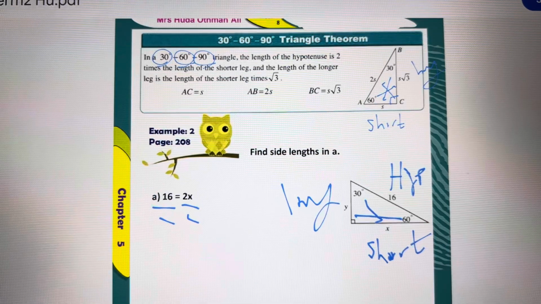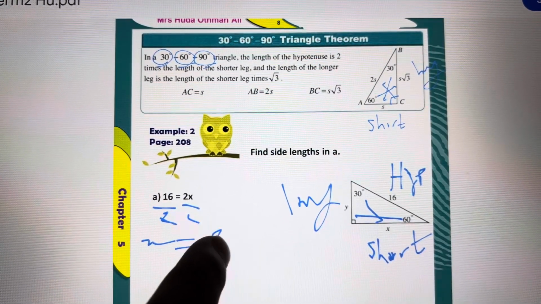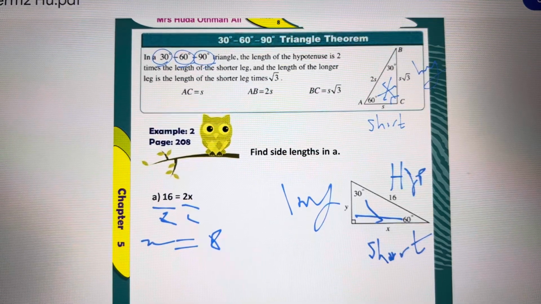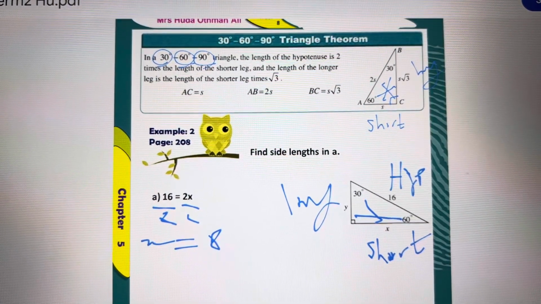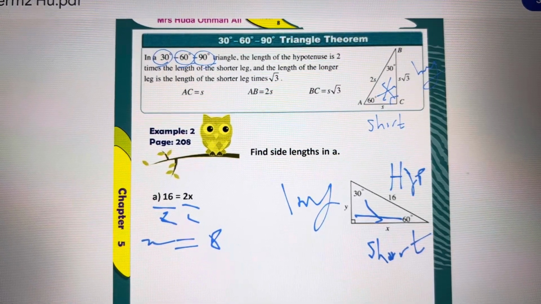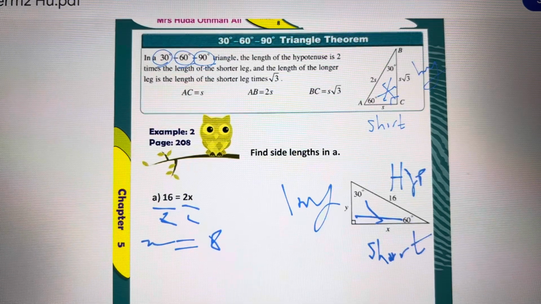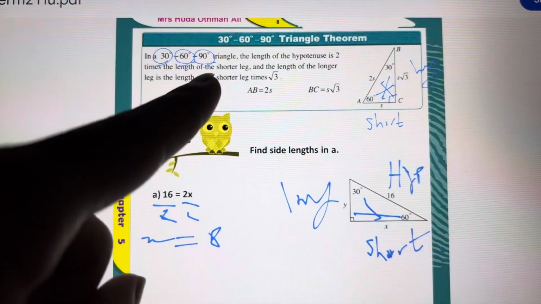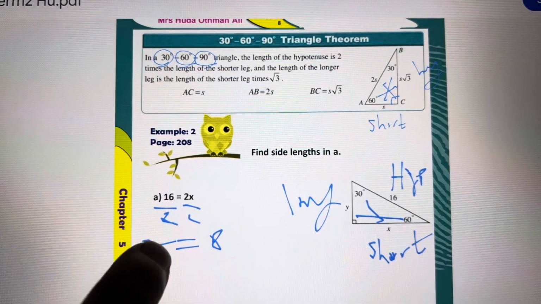I divide both sides by 2. My X will be 8. Now I got 8, but Y is missing. The X is 8. What about the Y? The Y, we said, is the long side. Whenever I have a triangle like this, 30, 60, 90, what's the rule for the long one?